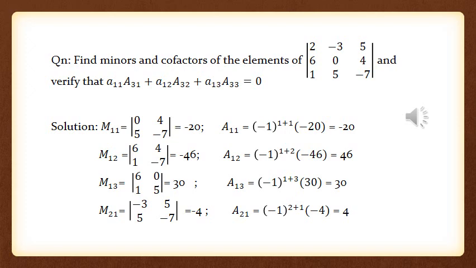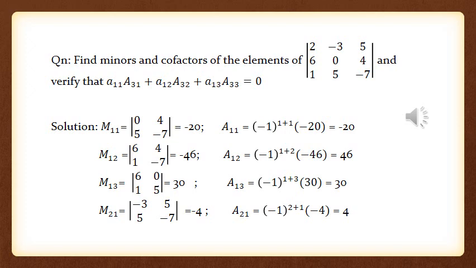On expansion it is negative 46. Now when we multiply negative 46 with negative 1 raised to 1 plus 2, we get its cofactor. So A12 is negative 1 raised to 1 plus 2 multiplied by the minor negative 46, which is equal to 46.